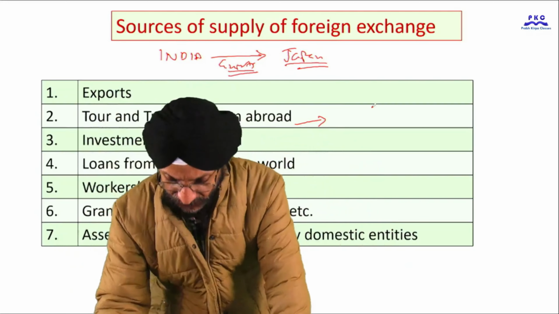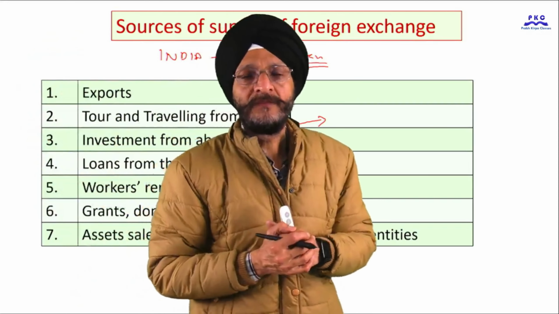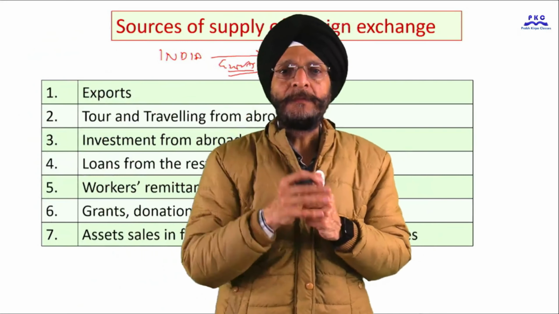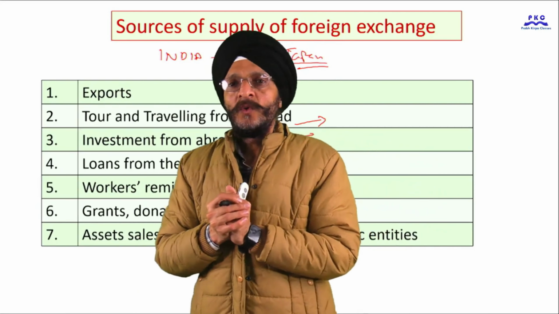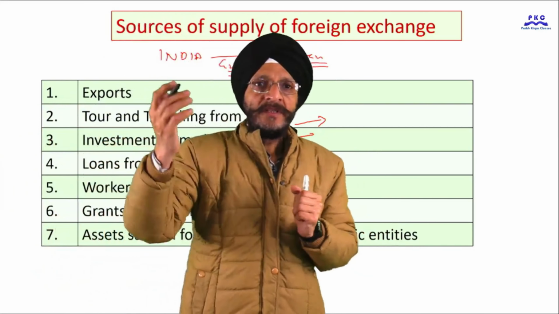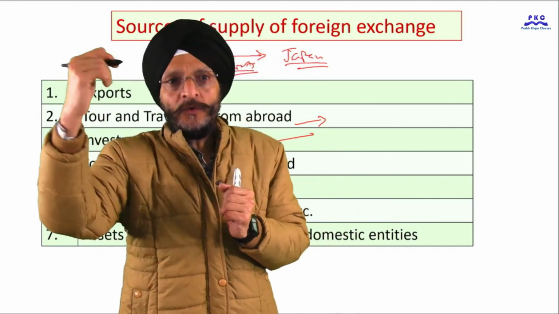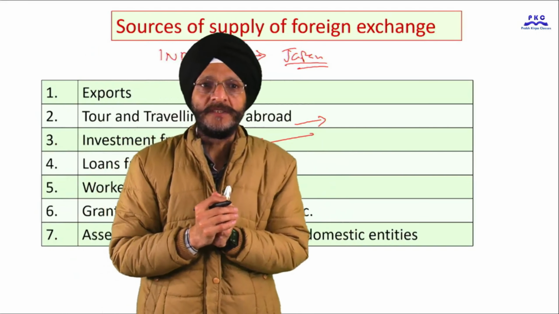When foreigners make investments in our country to purchase buildings, industries, or some other land, then foreign exchange comes into our country. This is a source of supply of foreign exchange.